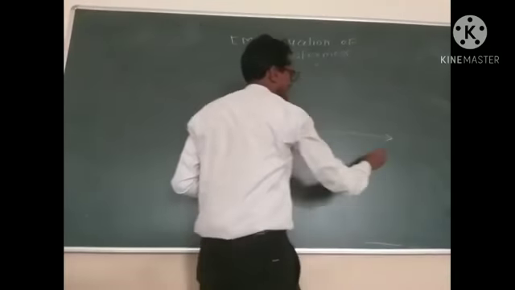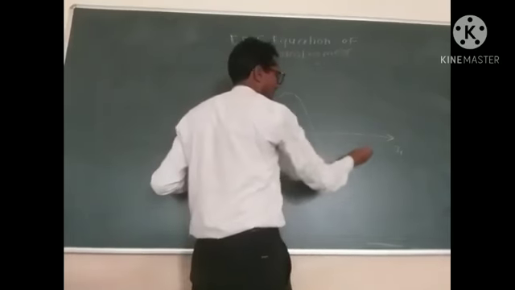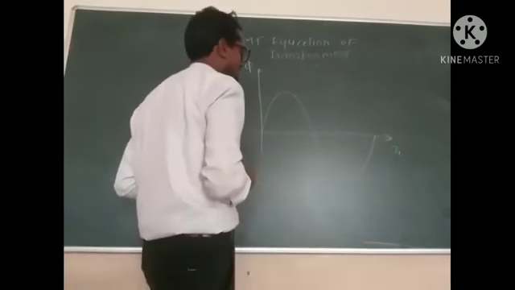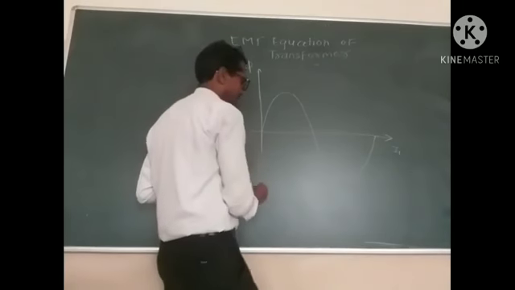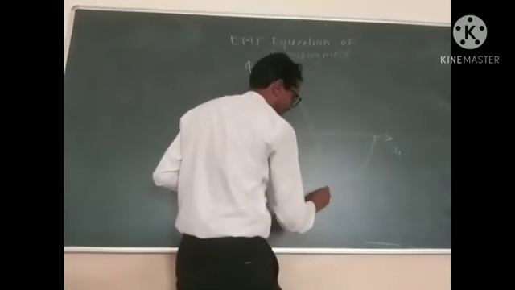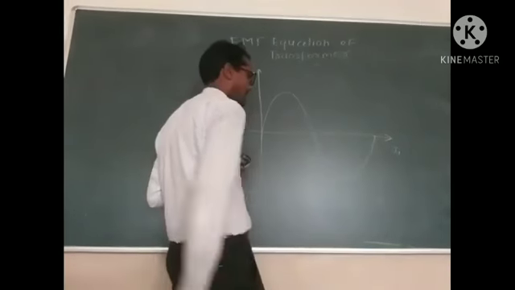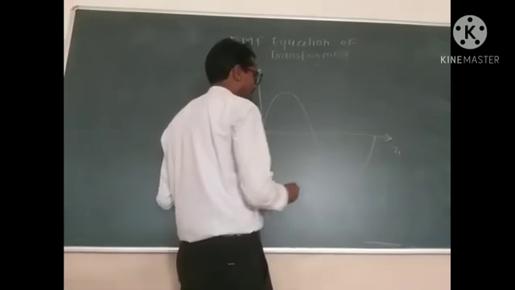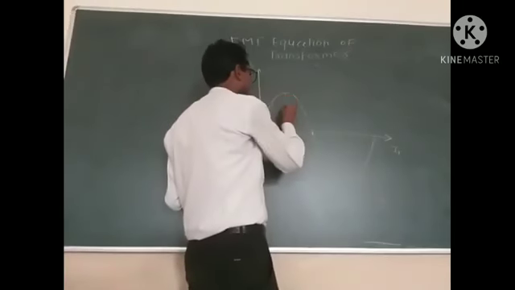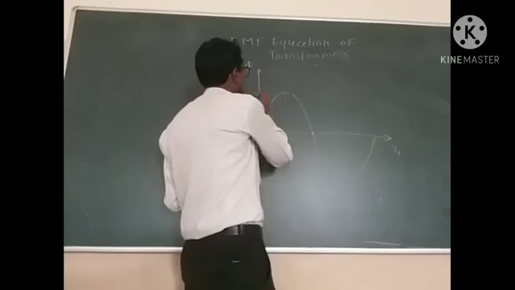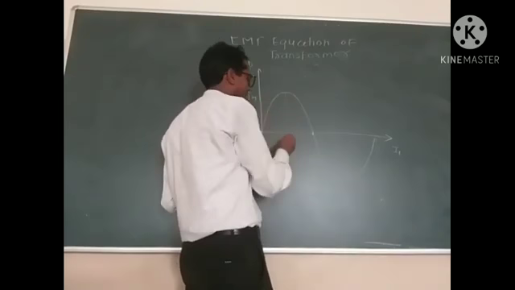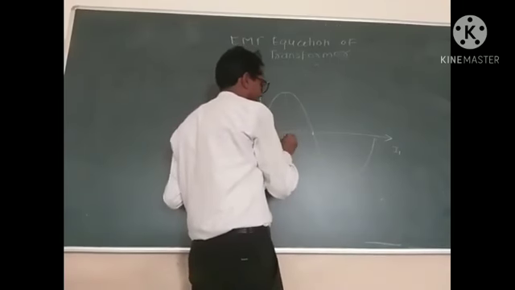We have to draw one alternating quantity. This is a single alternating quantity. This total time is called T. Here half flux, here full flux, here phi m means the maximum value of magnetic flux, and this is the time.